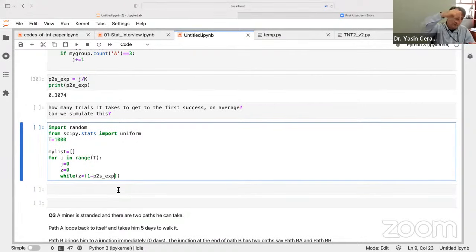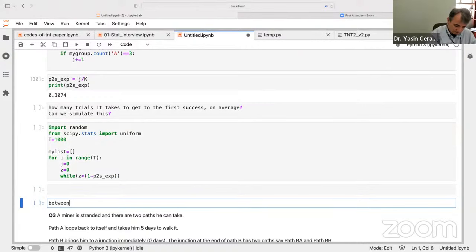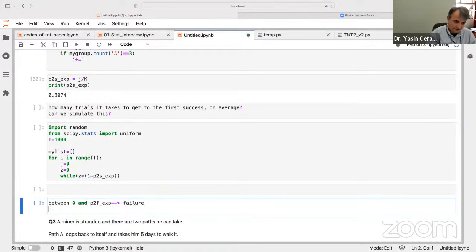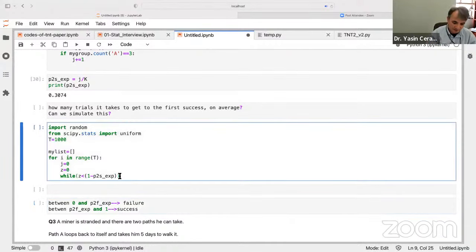Is it between 0 and the probability of failure? Let me write it. Between 0 and P2F, the probability of failure for the second experiment, it is failure. Between P2F and 1, it is success. That is how I will use this uniform distribution.